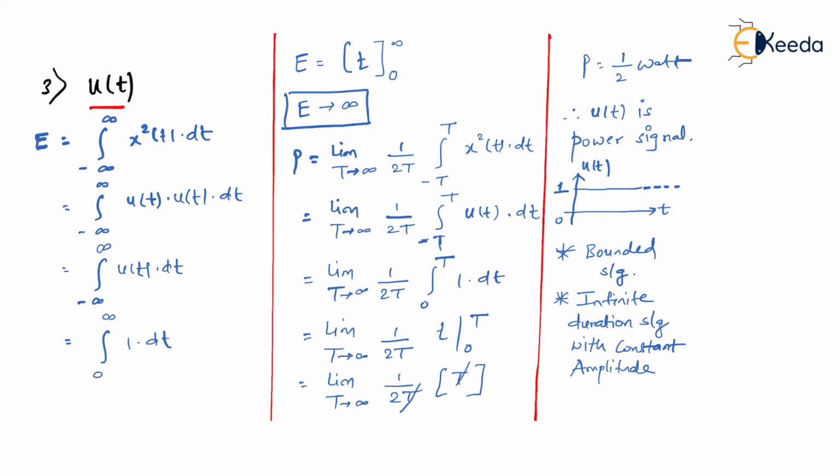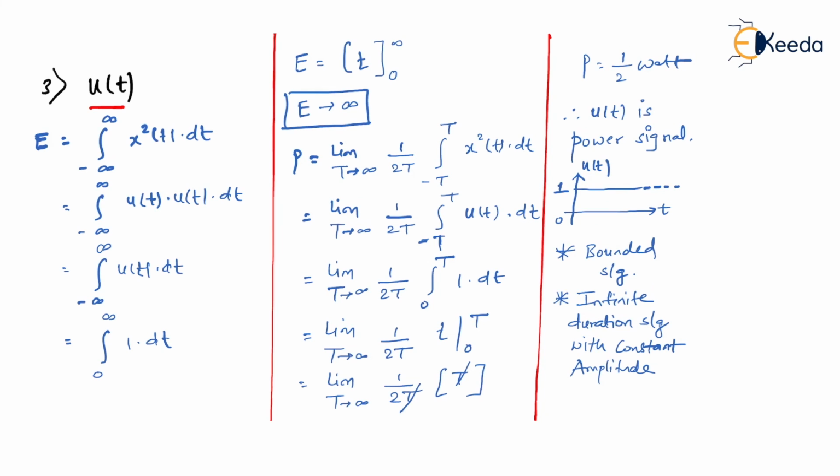In these cases only, the given signal is an energy signal. Secondly, for a power signal, first of all it has to be a bounded signal. Secondly, it has to be an infinite duration signal with constant amplitude. Please note that the amplitude is not decaying in nature. In that case, the given signal is a power signal.